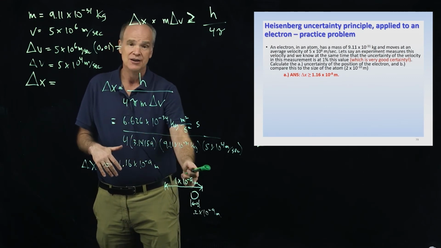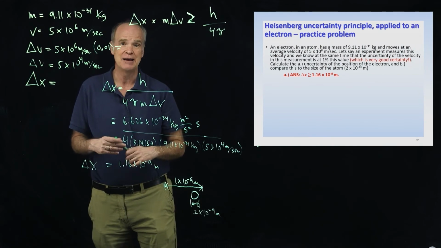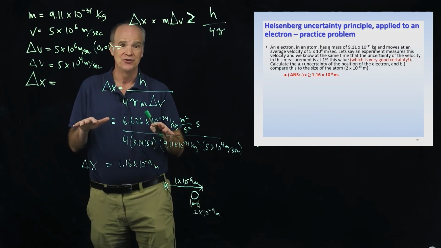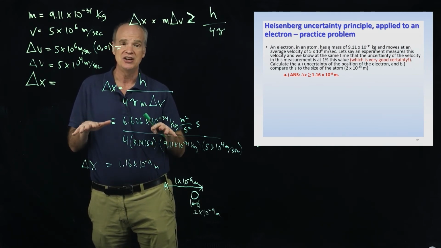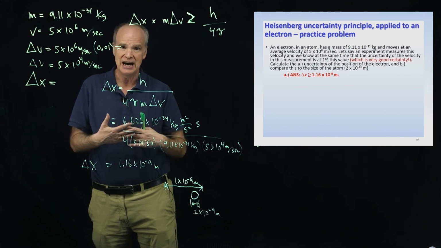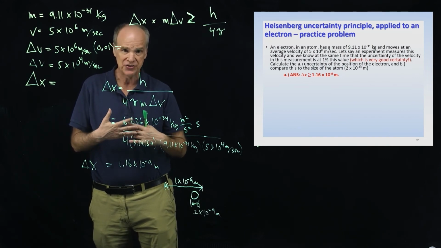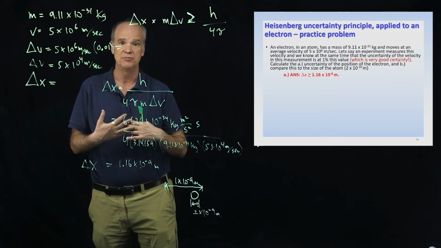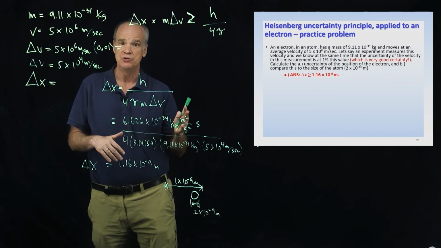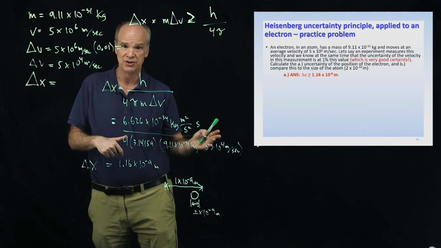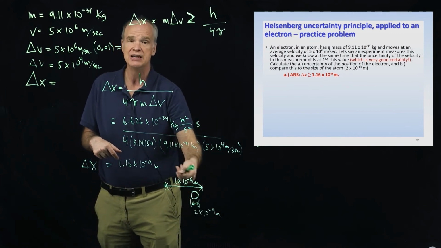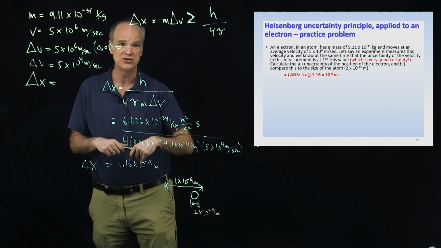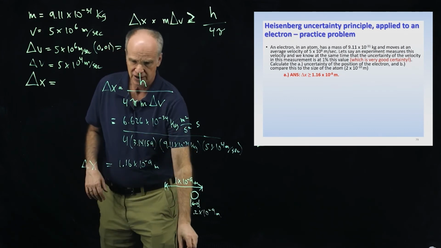It's much broader than the size of the atom, so it's basically useless. This is another reaffirmation that with very small objects you cannot get an accurate measurement of the velocity and the position at the same time. If you have an accurate measurement of the velocity, you would not get an accurate measurement of the position, and vice versa. Okay, so let's move on.